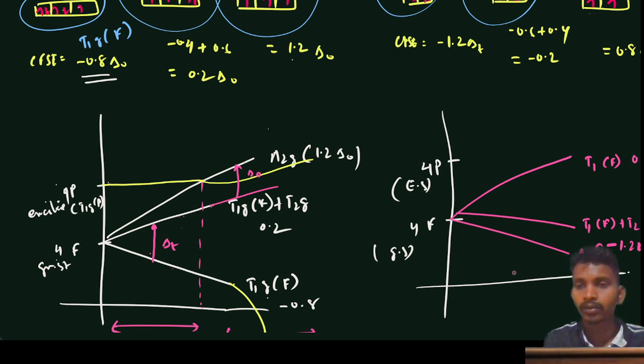So this ground state, note that this value is only for T2, we will draw here.